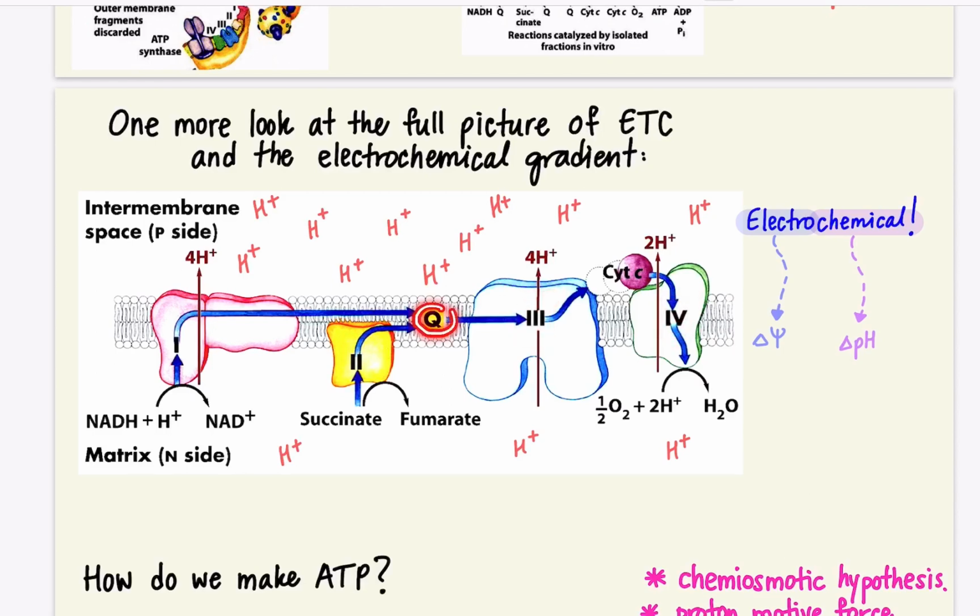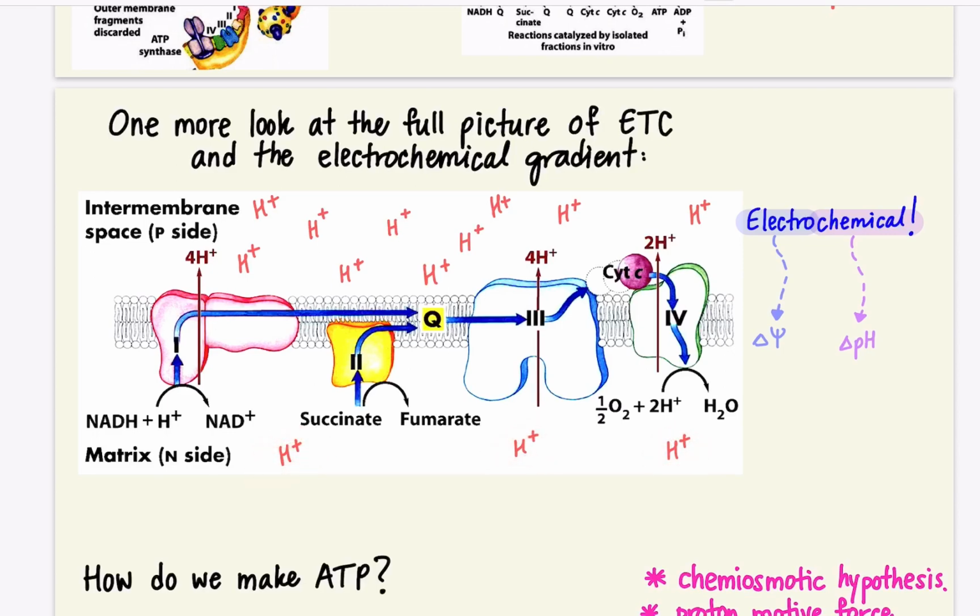In the middle over here we have coenzyme Q and cytochrome C. So one more piece of information that I have yet to tell you is that complexes 1, 3, and 4 are actually proton pumps. This means that they can take a proton from the matrix and pump it out into the intermembrane space. As you can see, I've added to this picture a lot more hydrogens outside over here and very few in the matrix.